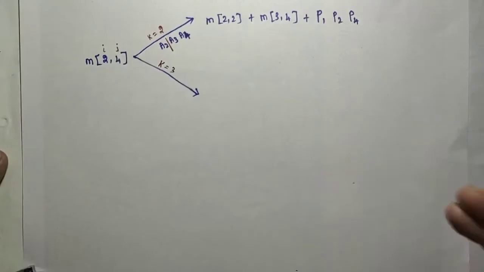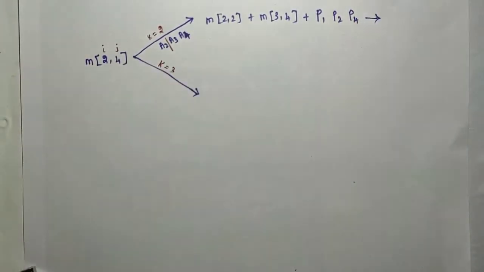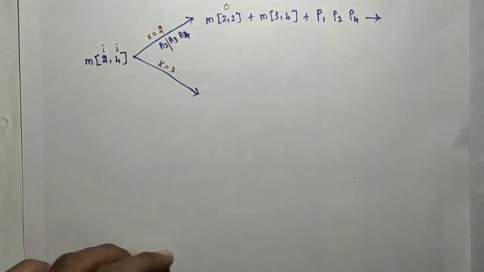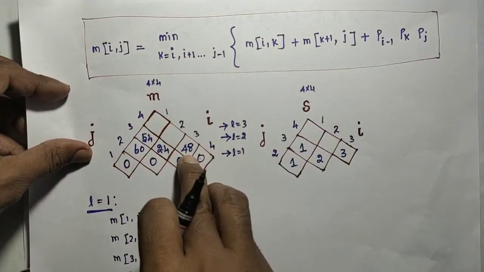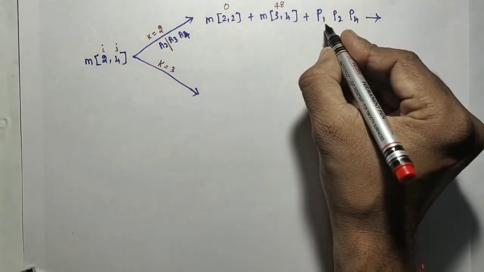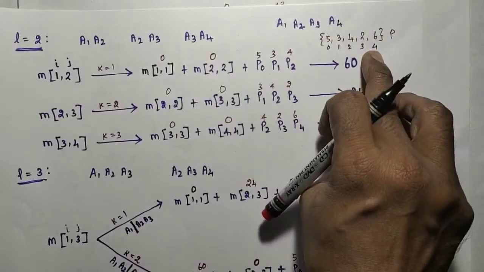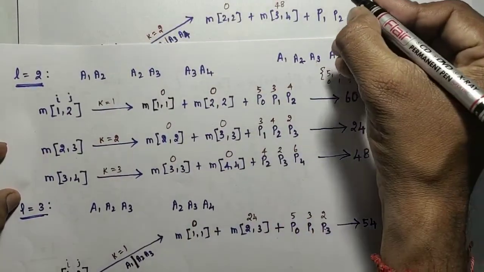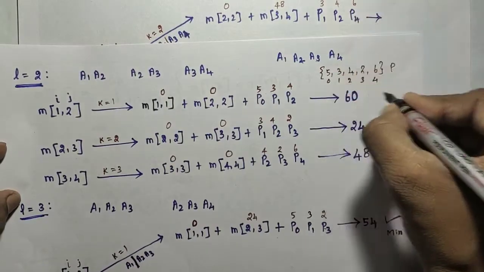So that value I have to find. This m of 2 comma 2 will be 0, and m of 3 to 4 will be taken from the table. 3 comma 4 is 48. So m of 3 comma 4 is 48, and the p1, p2, p4 values will be taken from that input array. p1 is 3, p2 is 4, and p4 is 6.